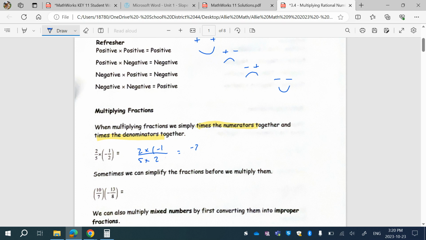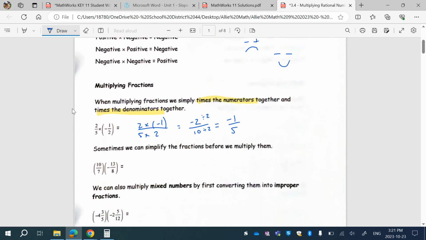And we get -2 over 10. And we can reduce this further by asking ourselves, is there anything that goes into these evenly, and we can take out a factor of 2, so it becomes -1 over 5. I just divided each by 2.